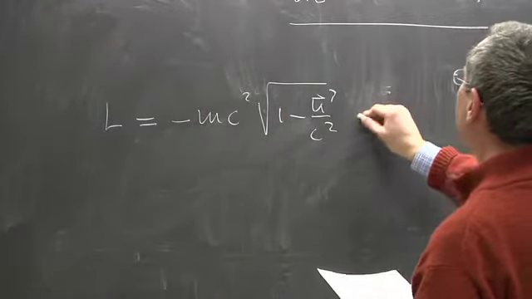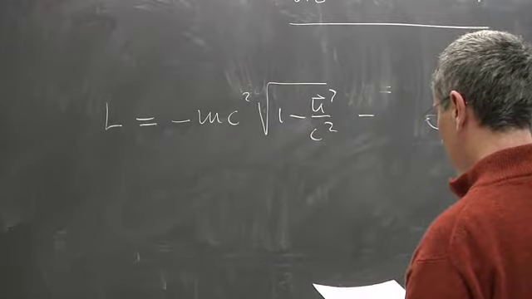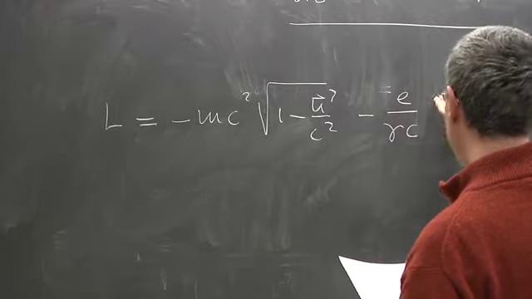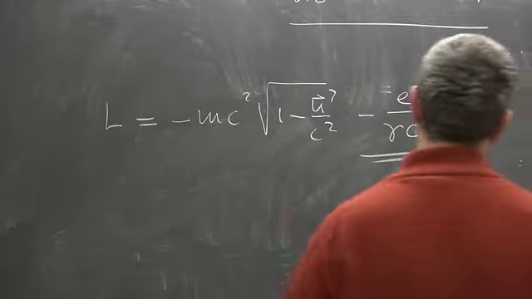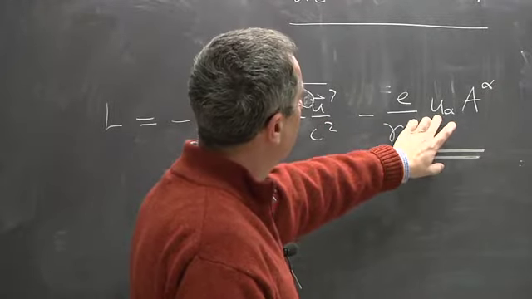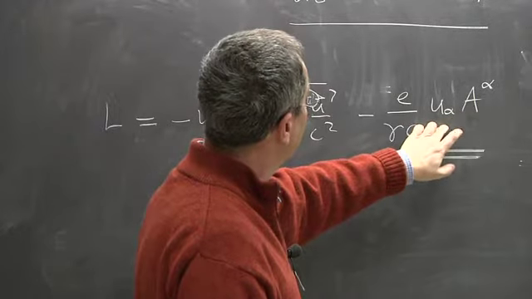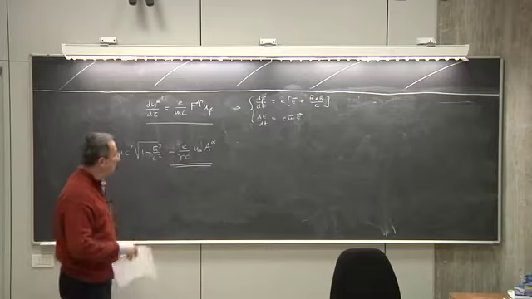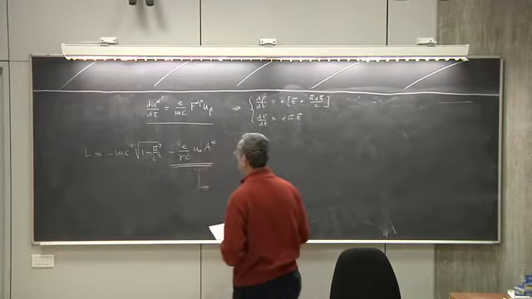And you want to add this interaction, so without spending more time, I just write this result. If you add a term like this, u alpha A alpha, so this is the interaction, the 4-velocity times the 4-potential, when you do the Lagrange equation it is going to give you this Lorentz force. And what is this in three-dimensional language?